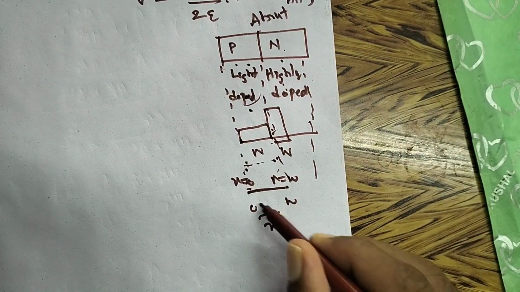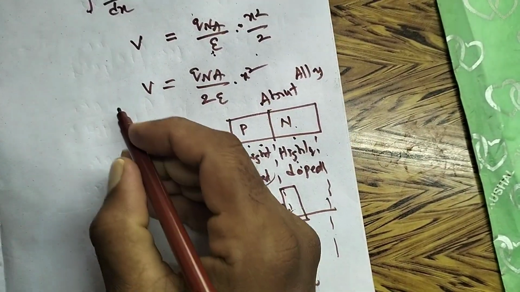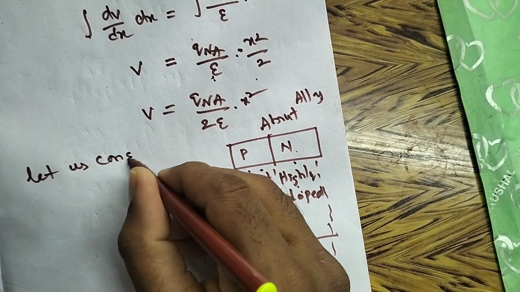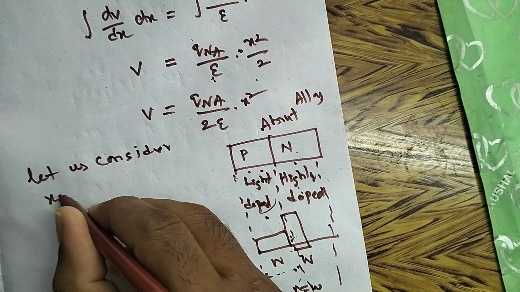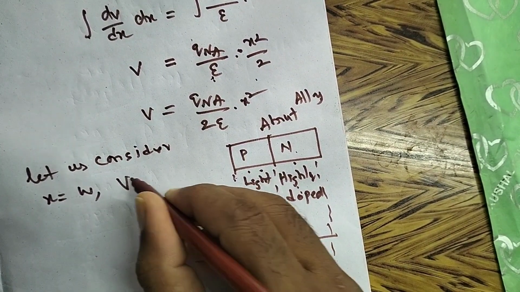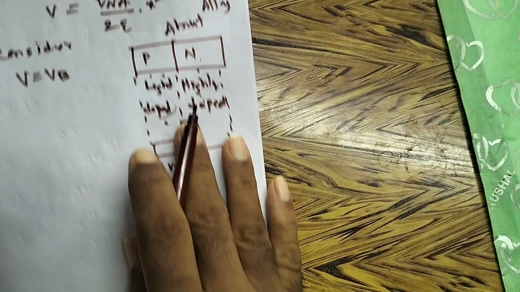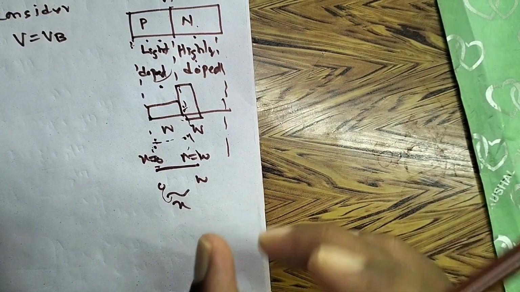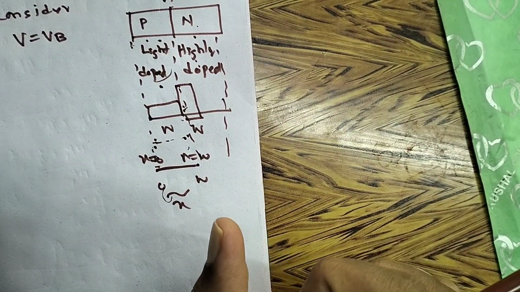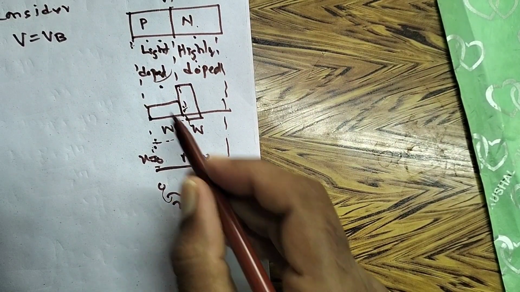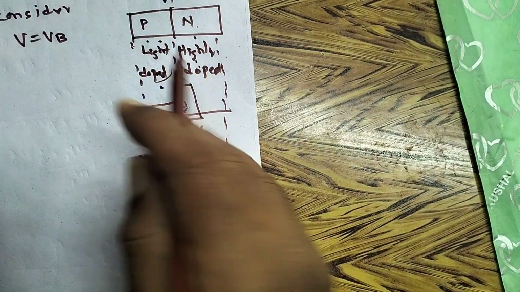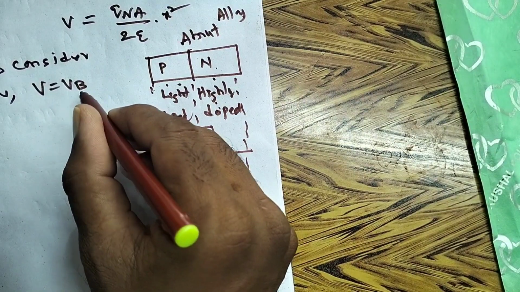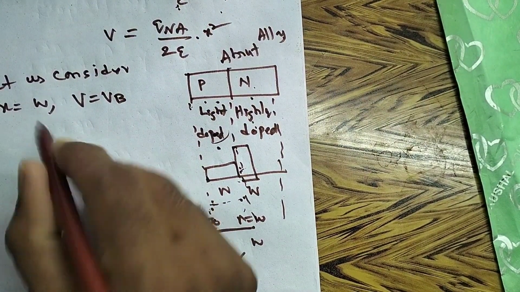So let us consider x is equal to w and v equal to vb, because under a reverse bias condition the width increases, the depletion layer increases, so the voltage across the junction, v, can be written as vb and x is equal to w.